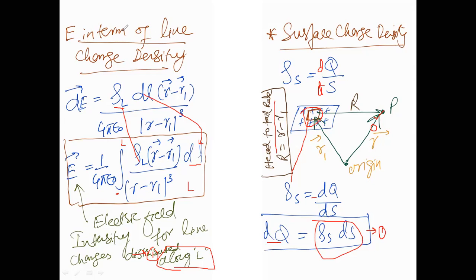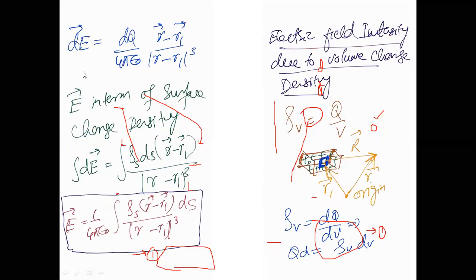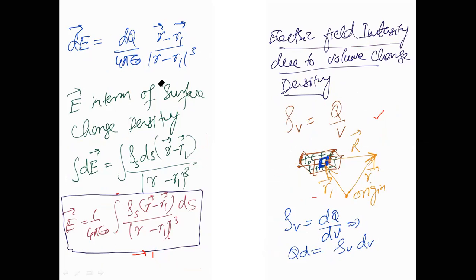dE is equal to dq over 4 pi epsilon naught, again r minus r1 vectors over r minus r1 whole cube. But this is the E in terms of dq, so we need to find the E in terms of surface charges as we have done in the line charges. So dE is equal to rho s ds, replacing the dq value from the previous slide, times r minus r1.